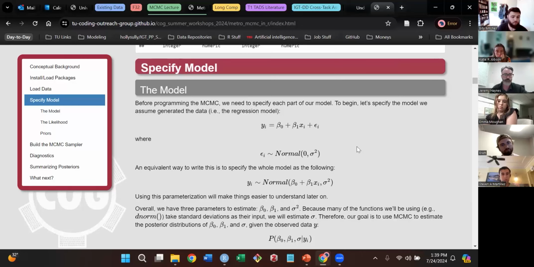But this is where we want to get into. So we do need to specify each part of our model. And really what we are technically doing is specifying the model that we assume generated these data, which is kind of a weird thing to think about, particularly in terms of regression, because you might be like, wait, did a regression model actually generate these data?